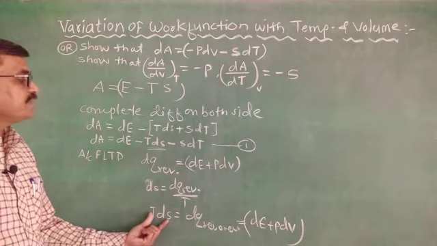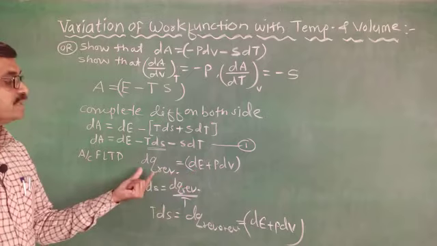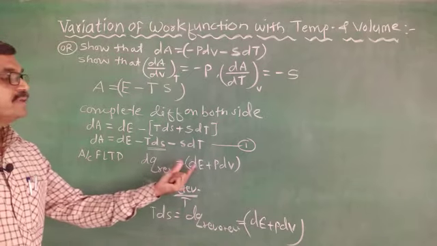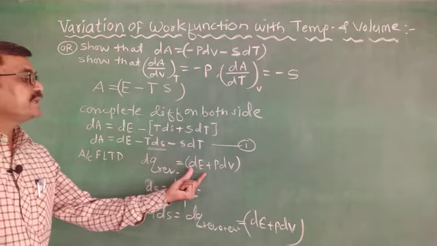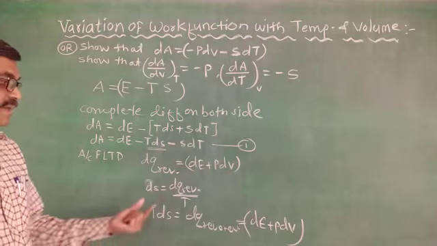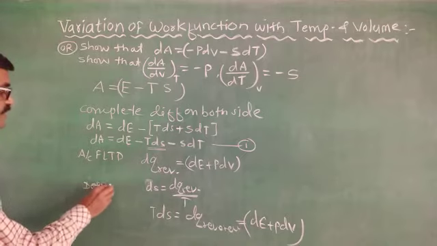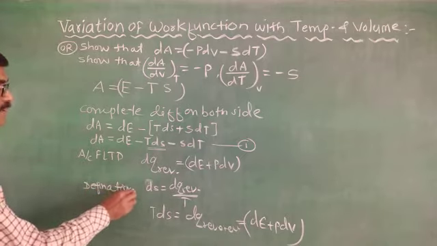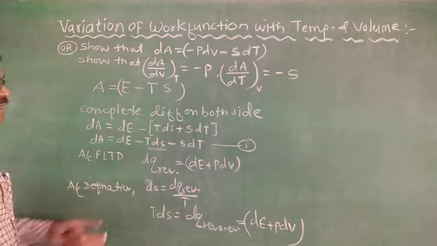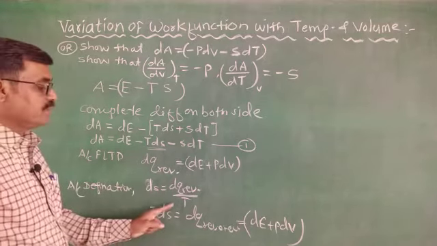How is it obtained? By the first law, dQ reversible is the change in internal energy plus pressure-volume work, and by the definition of entropy change, TdS equals dQ reversible.